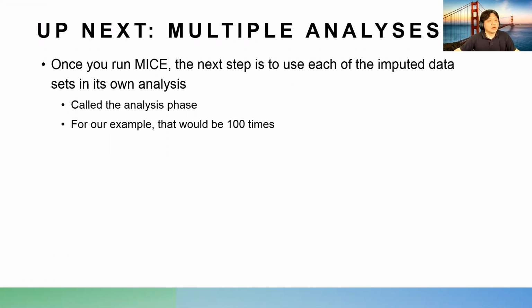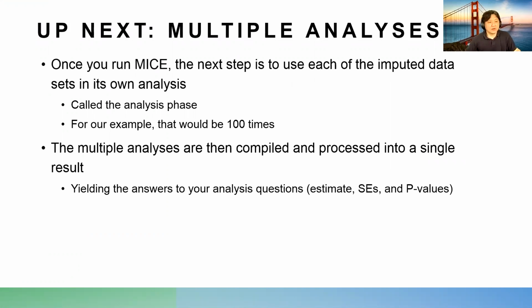Once you run mice and impute your data, you will run your analysis in the analysis phase. For example, it could be 100 times, 200 times.